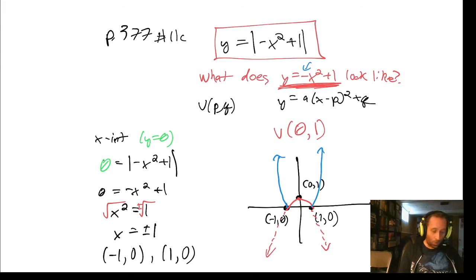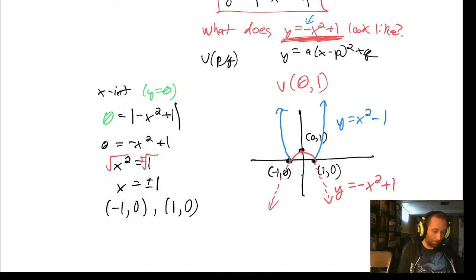So the equation that dictates the red portion is negative x squared plus 1. So that means when we reflect it, we're going to multiply y by a negative, which has the end result of we can keep y positive and negate everything on the right-hand side. So y equals x squared subtract 1 would dictate the blue portion. And you can kind of see that x squared subtract 1 would have a vertex down here.